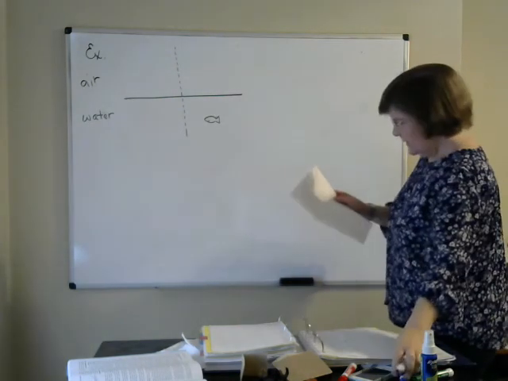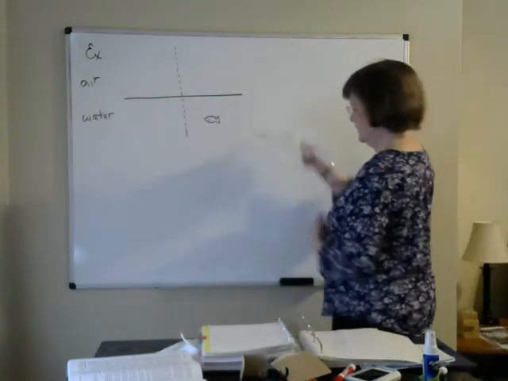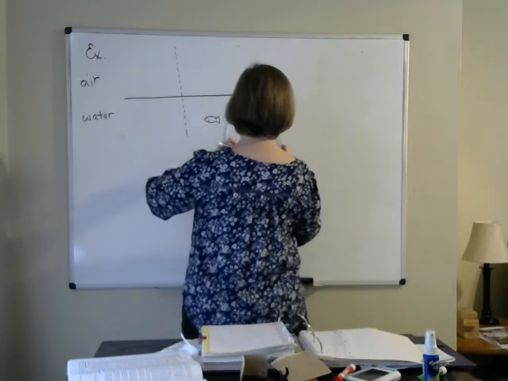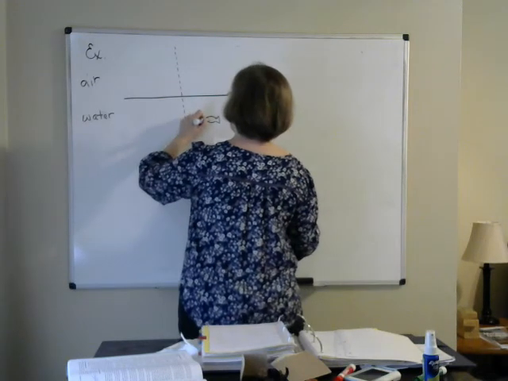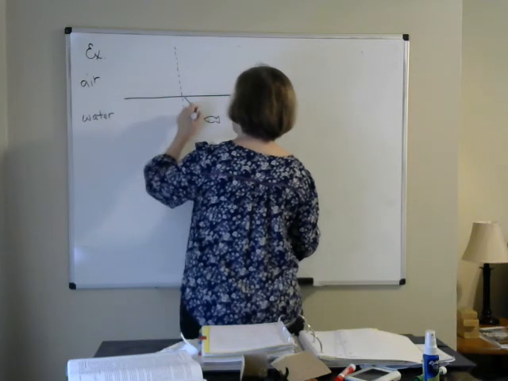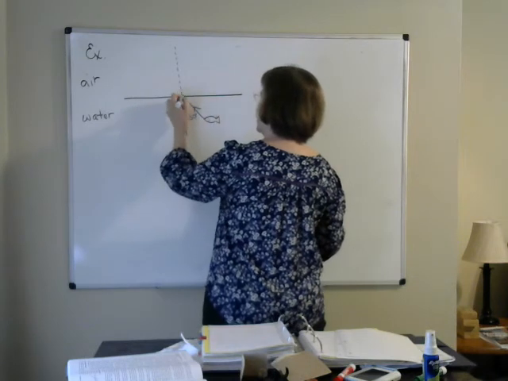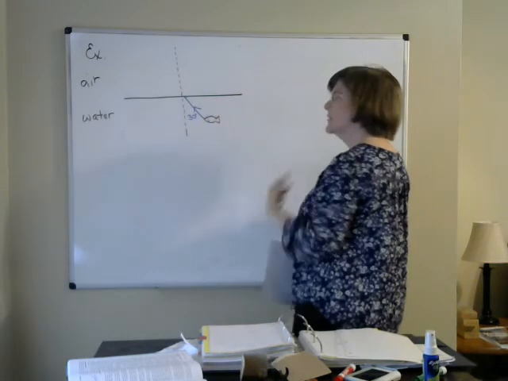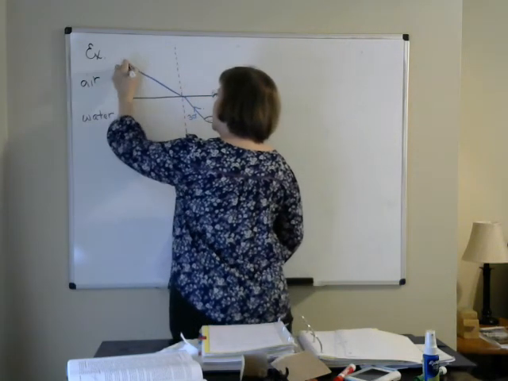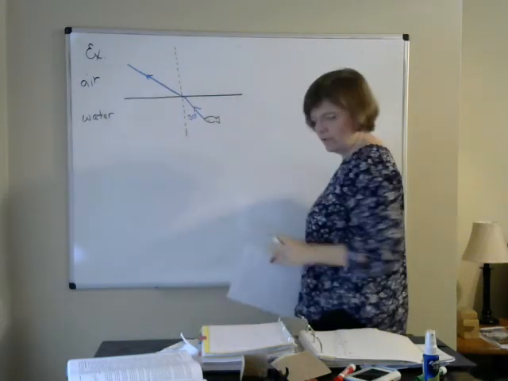And light rays from this fish, we'll draw the light rays right from the fish's nose. There's a ray of light traveling that way, 30 degrees. Notice when it hits air, air is less dense, so it's going to refract away from the normal. Okay, it's not going to go in a straight line.